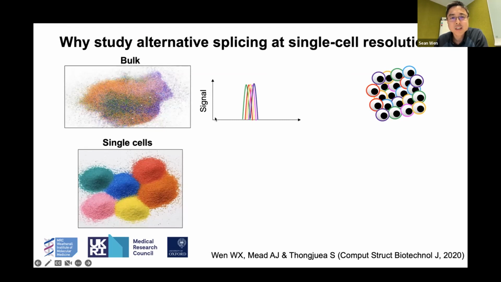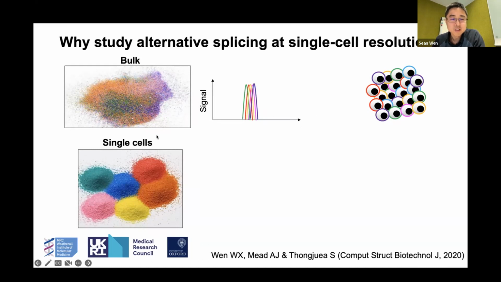In bulk RNA sequencing, the biological signals are actually kind of entangled. And the reason is simple. That's because at the bulk level, your sample typically consists of many different cell types, and hence it's difficult to tell which genes are actually expressed by which cell type.